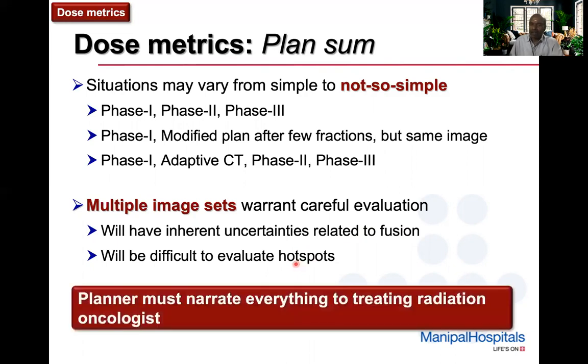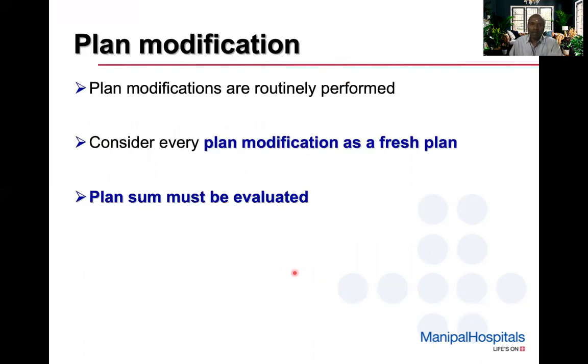So the planner must narrate everything to the treating radiation oncologist at the time of plan evaluation and approval. And plan modifications are quite routinely performed in every clinic. Consider every plan modification as a fresh plan. I have come across situations where plan modifications are just carried out without any proper instruction or proper documentation.